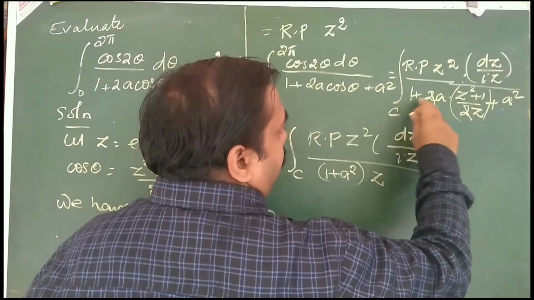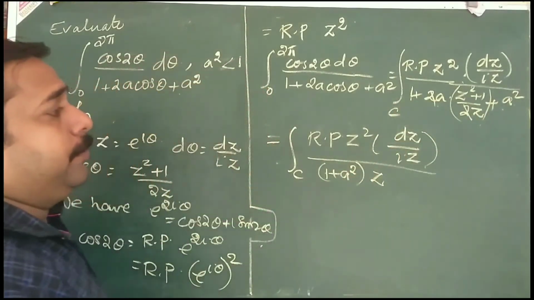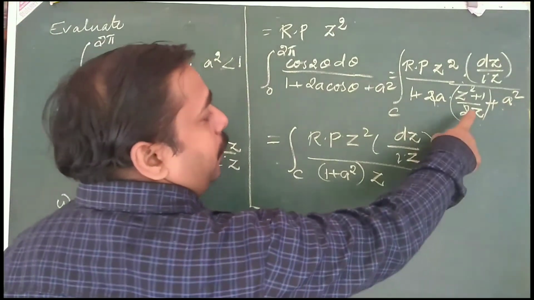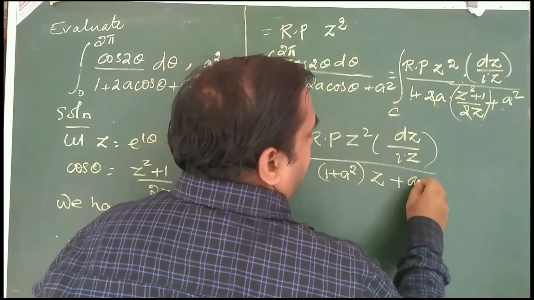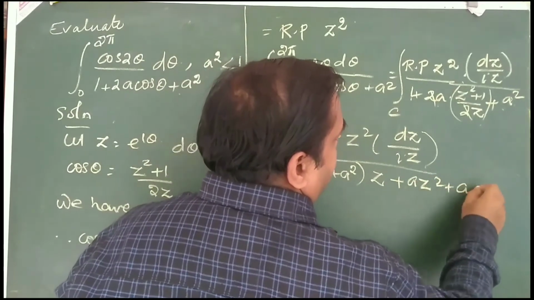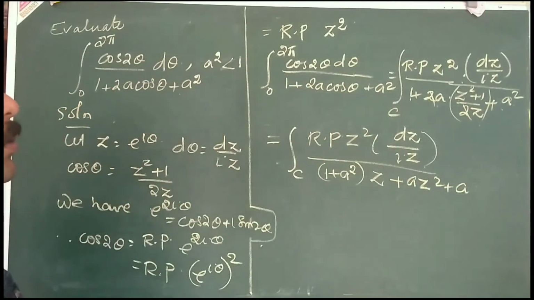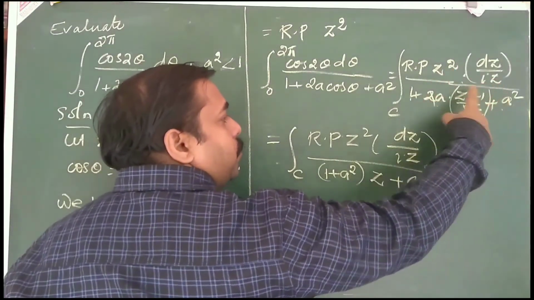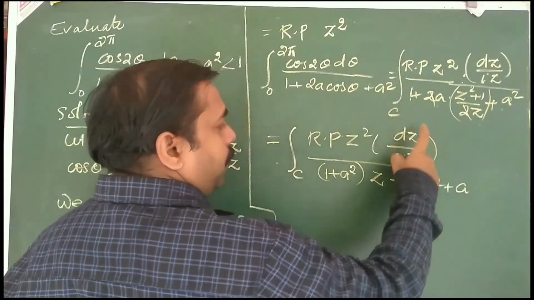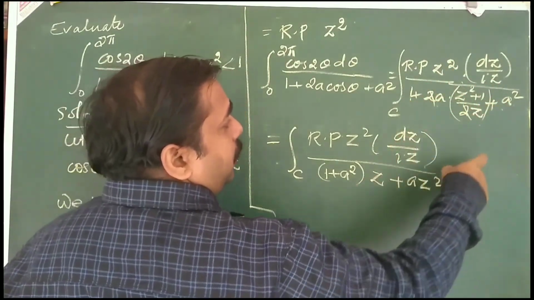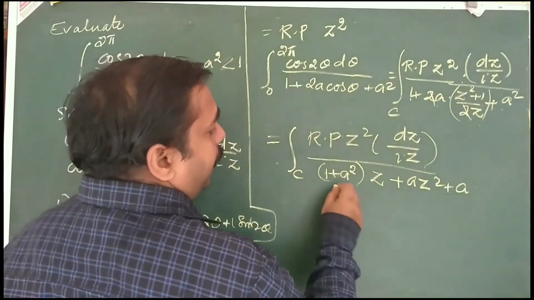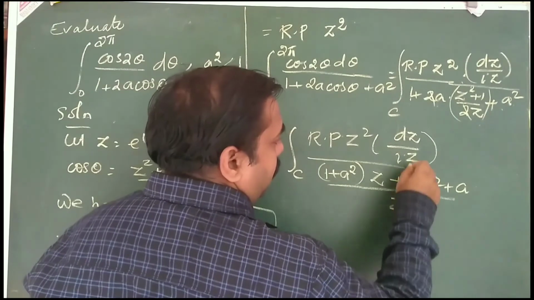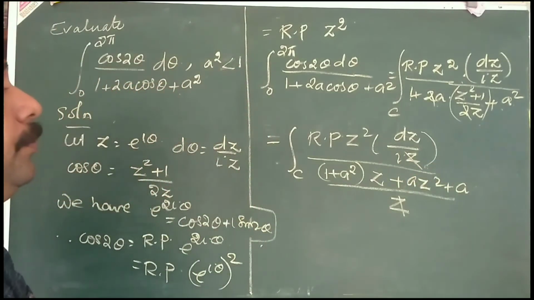These two are constant terms. Taking LCM, that is 1 plus a square into z plus a z square plus a, then divided by z, so this z cancels.